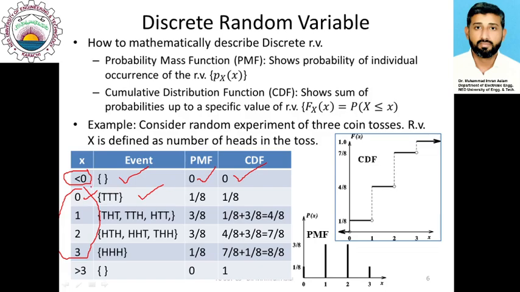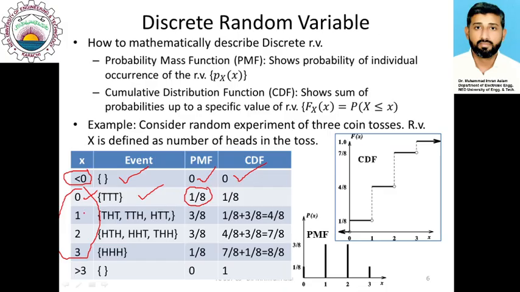That means we do not get any head, so we get all tails, 3 tails in the outcome. So there is only one sample point that corresponds to this event. So this probability comes out to be 1 upon 8, because total sample points are 8 and we are talking about only one sample point here.